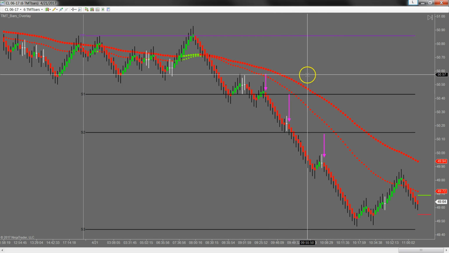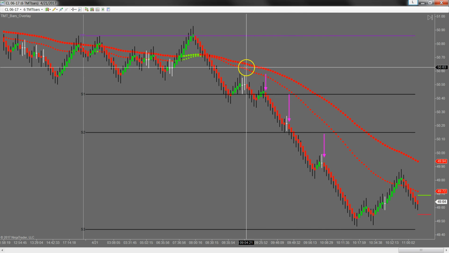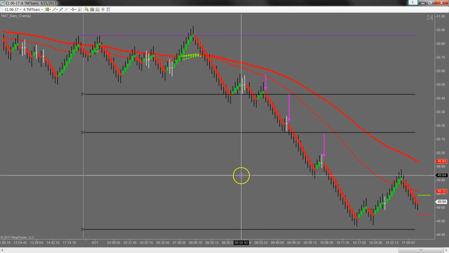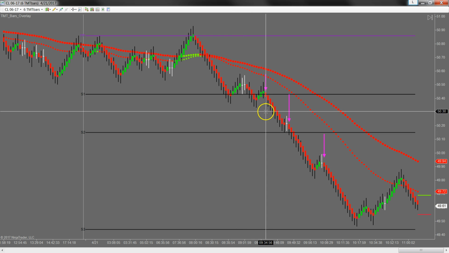And I call them the fast and slow trend lines, and that's all I use them for. So you could just use that, the bars, price action, clean, done, simple system.